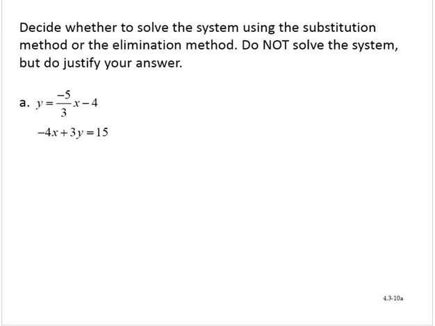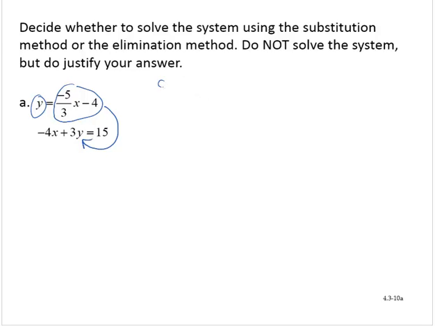Alright, so if I look at this first system, I have y equals negative 5/3 x minus 4 and negative 4x plus 3y equals 15. I would say substitution. Notice how we already have the y variable isolated. Since we already have the y variable isolated in this first equation, it would be very straightforward to make a substitution.